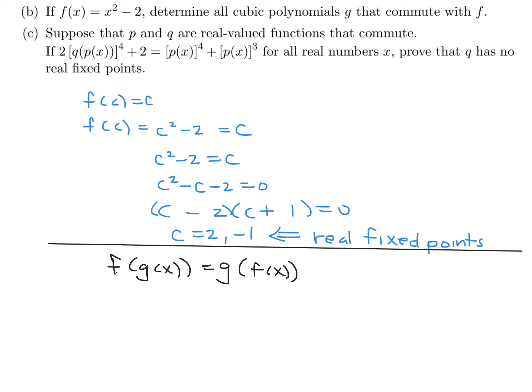Now they're saying that g is a cubic polynomial, meaning there has to be an x to the power of 3 with some coefficient a, and of course a cannot be 0, otherwise it wouldn't be a cubic. And then some b x squared, and then I won't use c, I'll use d x plus e. So the function g has to be of that form.